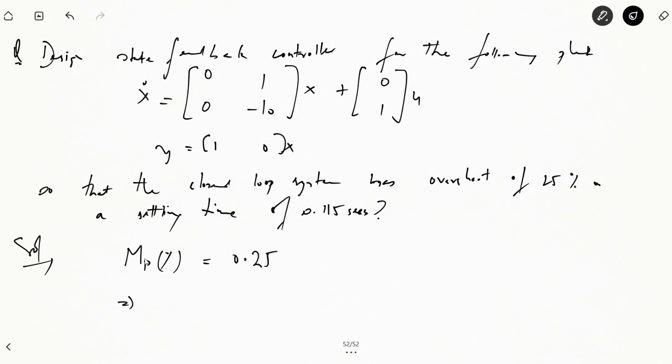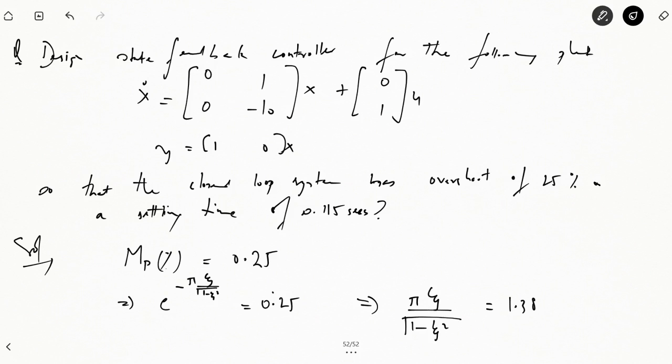which implies you know the formula of peak overshoot of a system, e raised to minus pi zeta by under root of 1 minus zeta square, is equal to 0.25. Applying ln on both sides, we'll be having pi zeta by under root of 1 minus zeta square is equal to 1.38.